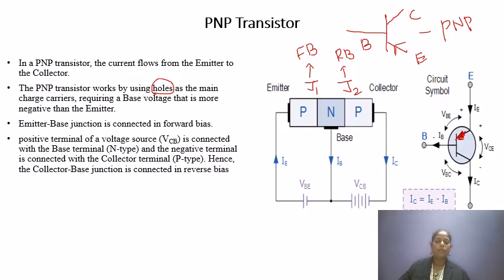So the positive terminal of the voltage source VB is connected to the base terminal of negative. Yes, right. So VCB, the positive is connected to the base, negative terminal of the collector is connected to negative, since it is in a reverse bias.